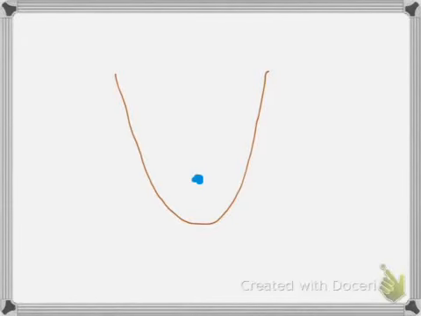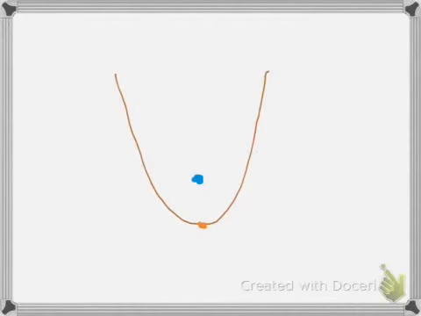Now the last conic section we're going to talk about is a parabola. A parabola also has a focal point, which actually is how we graph a parabola as well. So a parabola has a focal point, the distance from the vertex to the focal point.